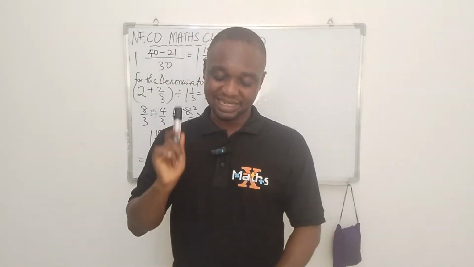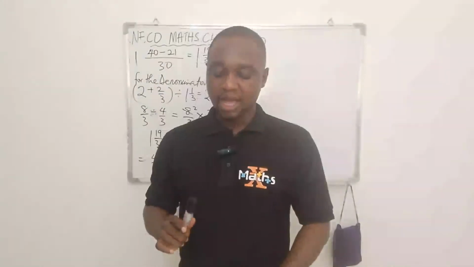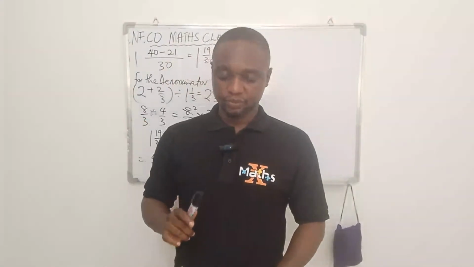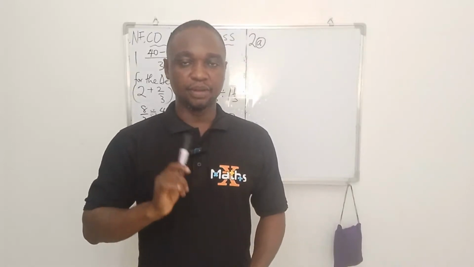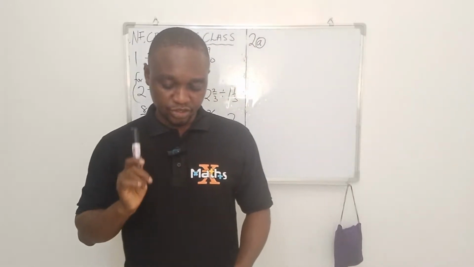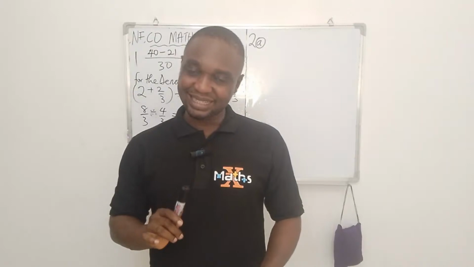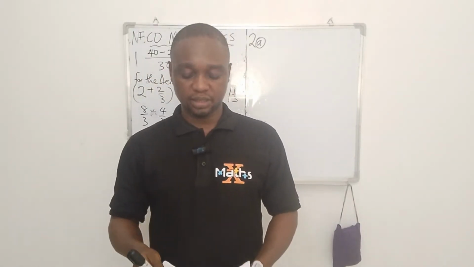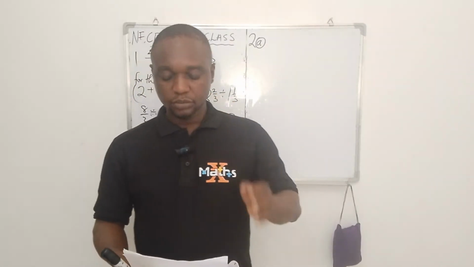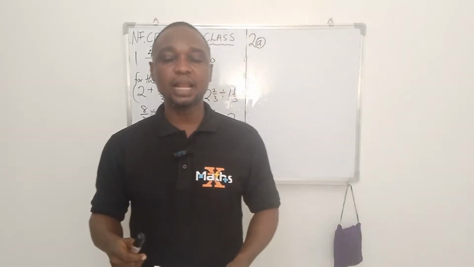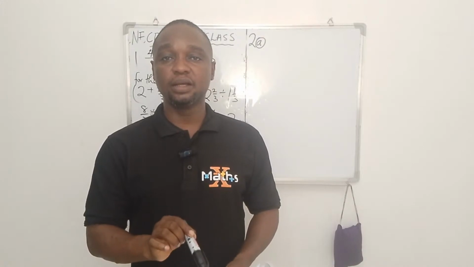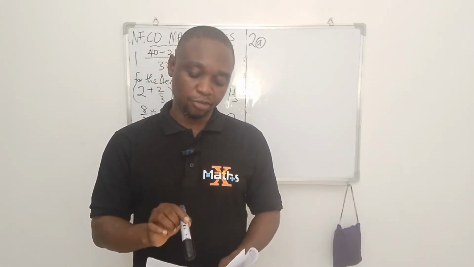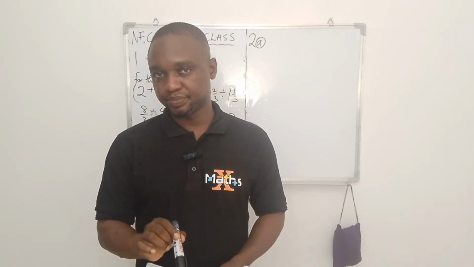The sum of 2 numbers is 9, and their product is 20. Find the numbers. Now, this particular question, 2A, is an example of your word problem.